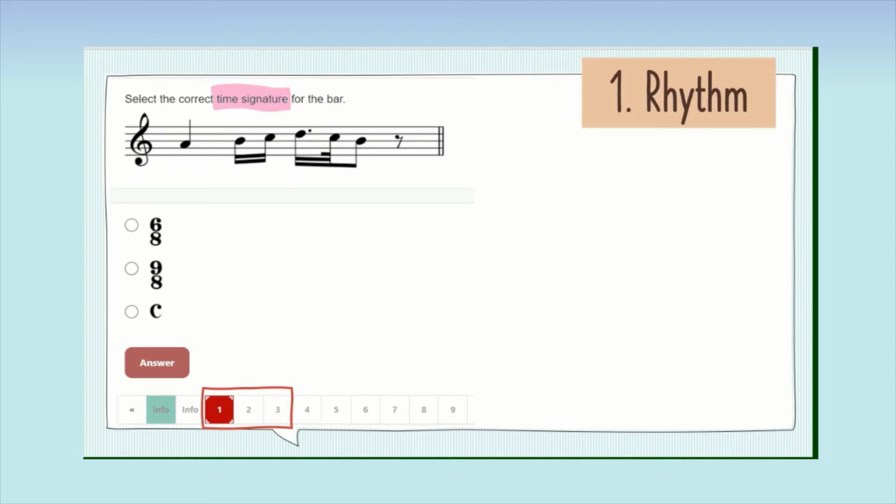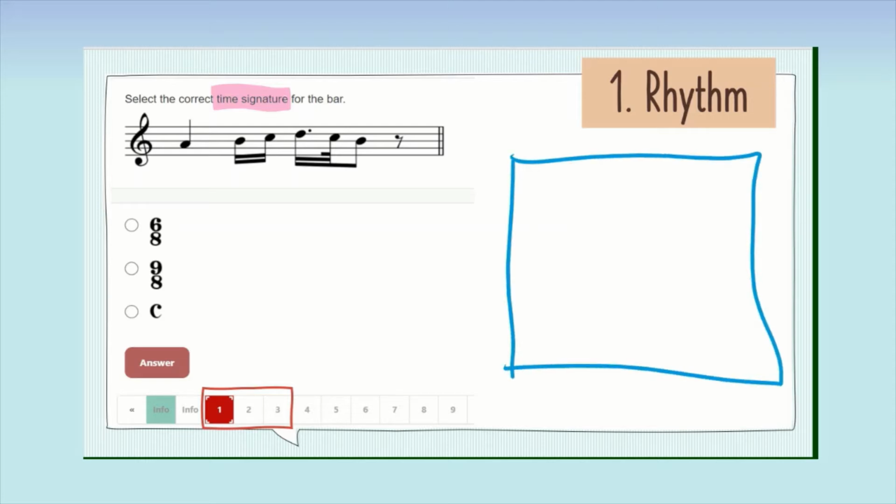When we want to know the time signature, the first thing we have to do is count how many beats there are in each bar. If you're working on the online paper, you can't draw the counts on your screen, so you need a blank paper. On your blank paper, you just draw out the number of counts.